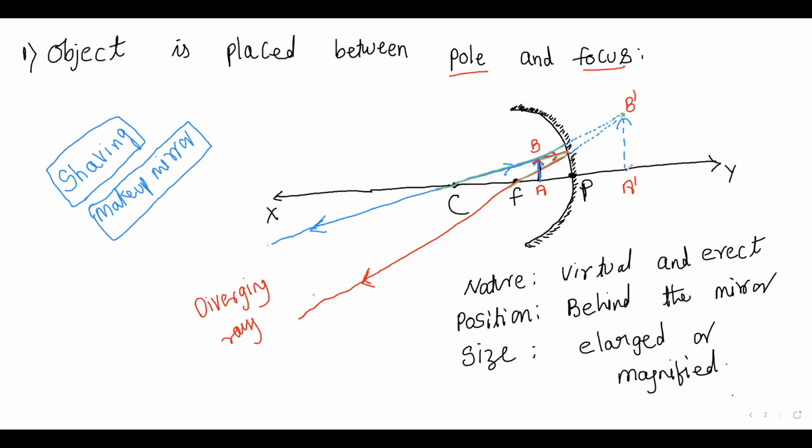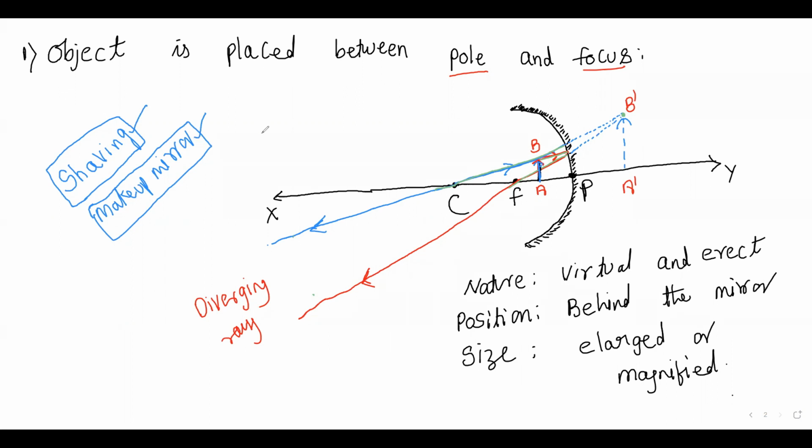The face will look a little bigger. The concave mirror magnifies the hair of the face. It will magnify the face so that you can clearly see and do the makeup.